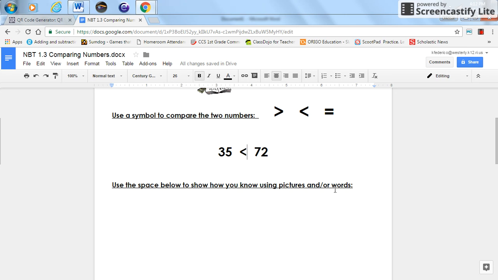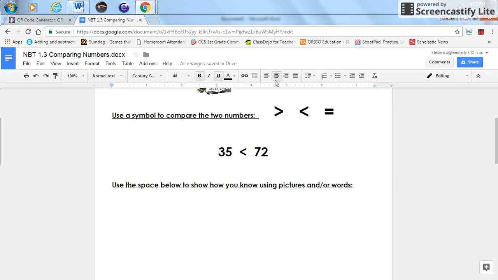All right, so when I'm done with that, I'm going to come down here because it says in the space below, or use the space below to show how you know using pictures and or words. So I remember from a very long time ago in first grade when we talked about 2 numbers and comparing them, and we talked about first looking at the tens and then looking at the ones.